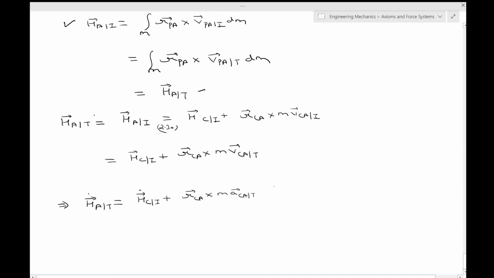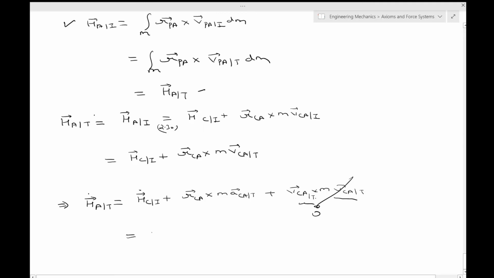Okay, it will also have another term, VCA cross M VCA of T. This will also be T, but the problem is this cross this will be 0, so that's why we are not writing that. So it will just be these two terms.